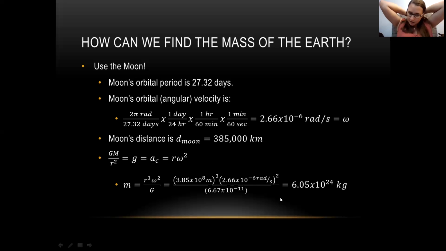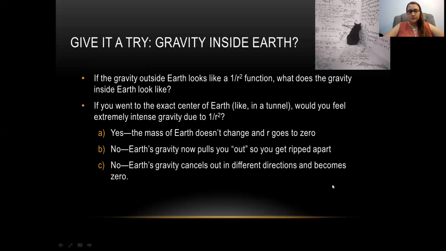So we have our orbital distance here. We have our angular velocity from up there. We have big G, which remember is a constant. That's always going to be the same value. And so we get a mass of 6.05 times 10 to the 24 kilograms.